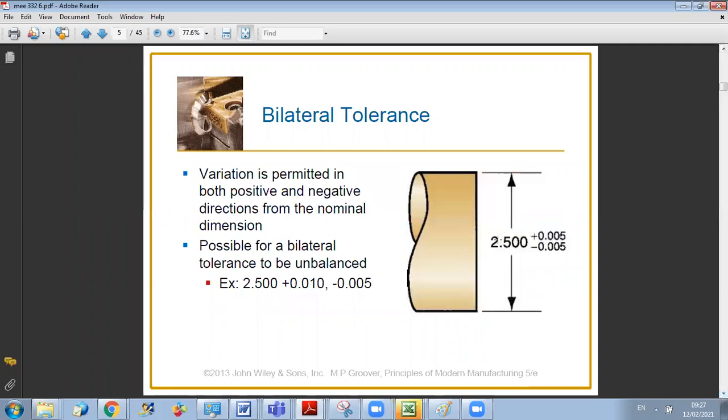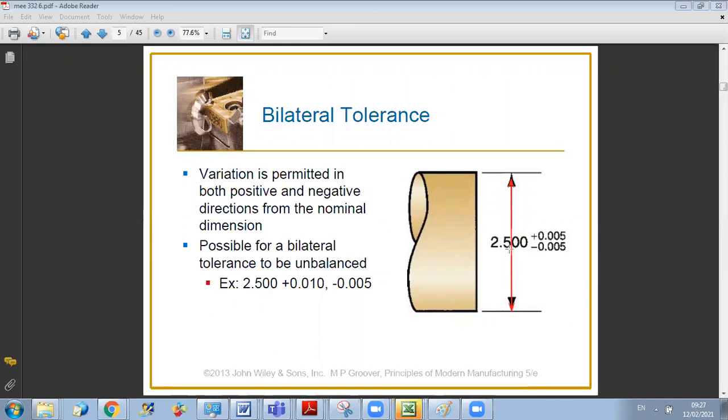Now we have several methods to define tolerance. We have bilateral tolerance. In this case, you can allow for variation in both positive and negative directions from the nominal dimension. This means, for example, if you want to produce a shaft of diameter 2.5 centimeters, you say that you can have a tolerance of plus 0.005 or minus 0.005.